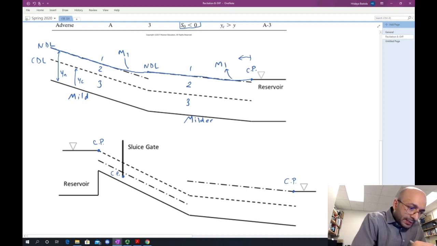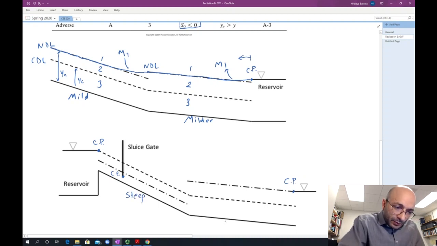Let's mark the channels here. So this is your steep channel, and the downstream portion is mild. We can begin at either end, so we'll just start from the downstream mild channel.